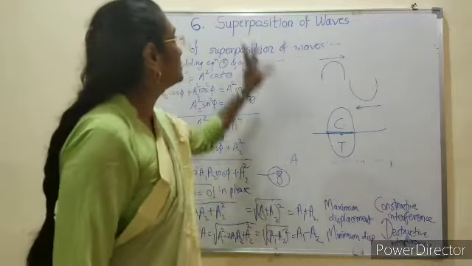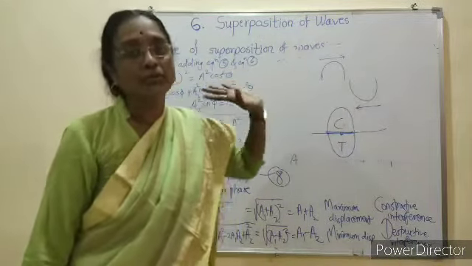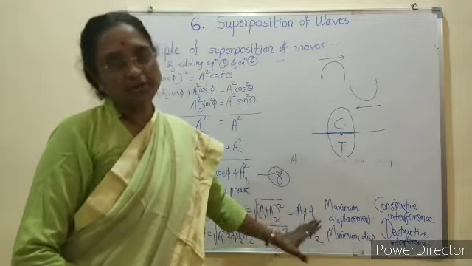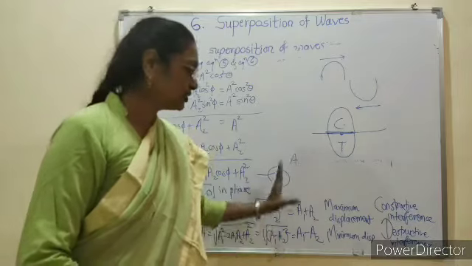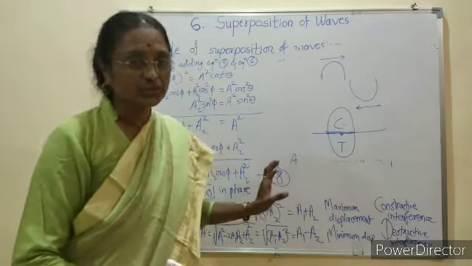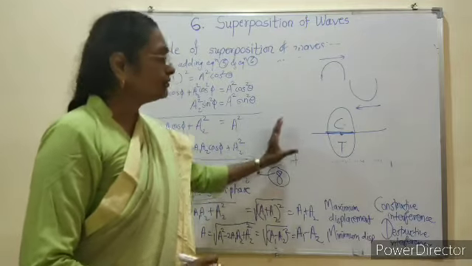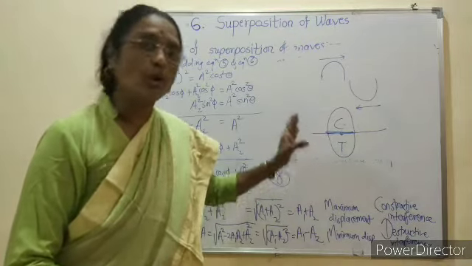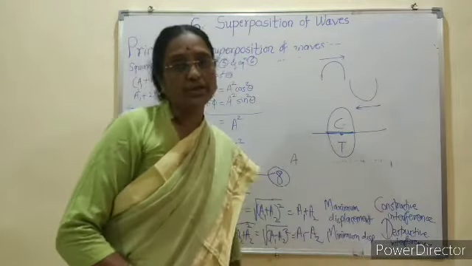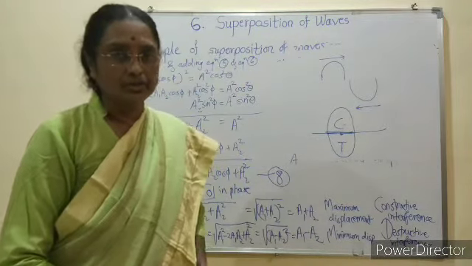In both cases there is superposition of waves, but the types are different. If the resultant displacement is maximum, that effect gives us constructive interference, and if the displacement is minimum or 0, it gives the effect called destructive interference.